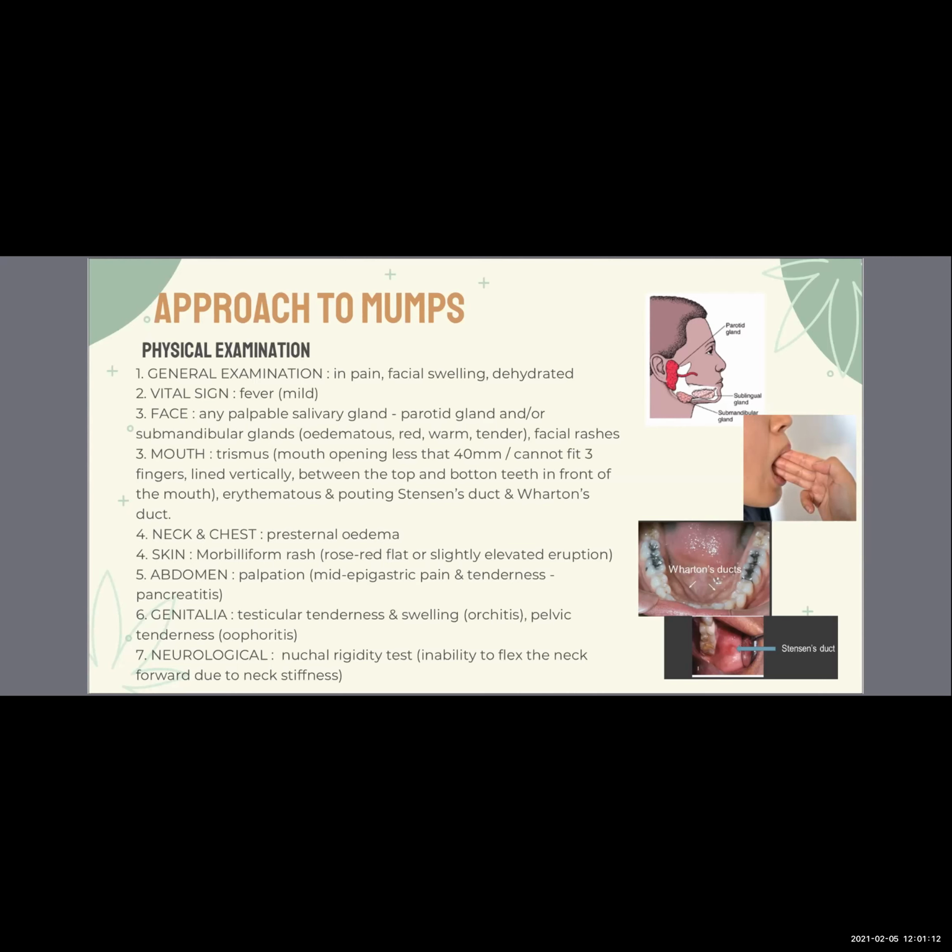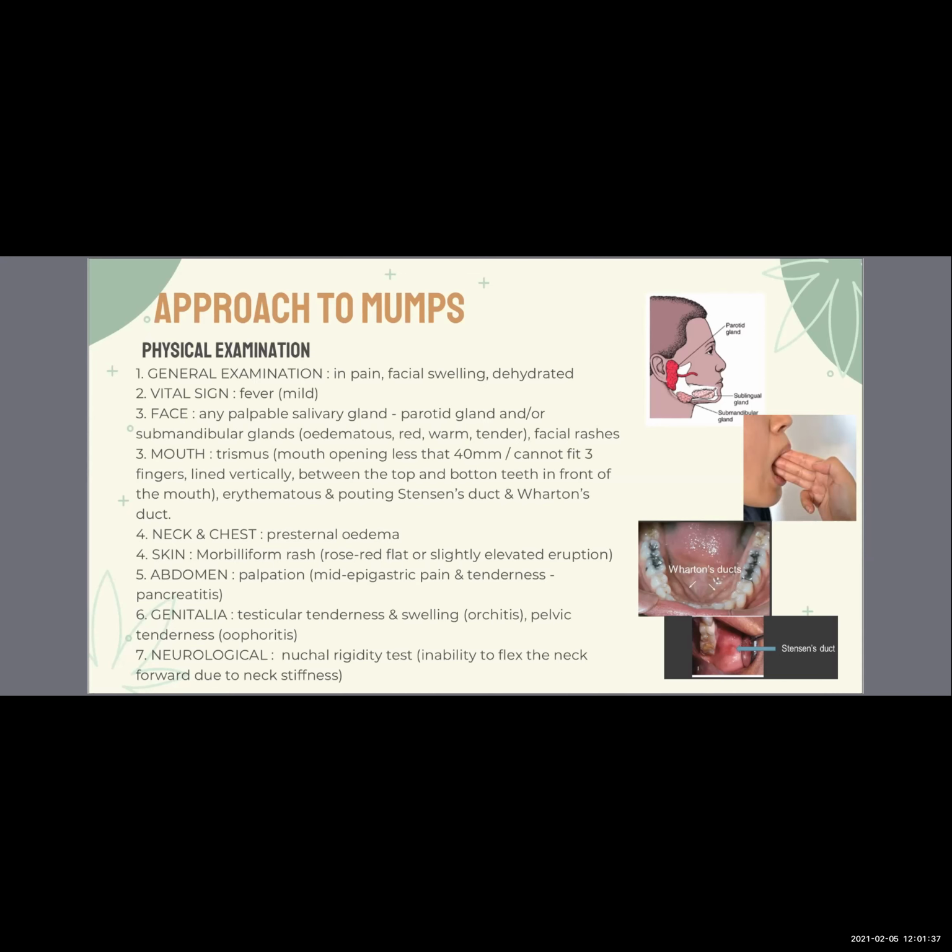And other examinations are done to assess severity or complicated conditions. For example, in abdomen examination, we do palpation to examine for pancreatitis. The patient will experience epigastric pain and tenderness. And then genitalia examination to look for testicular tenderness and swelling in patients with orchitis.